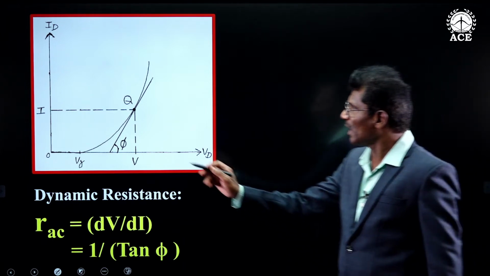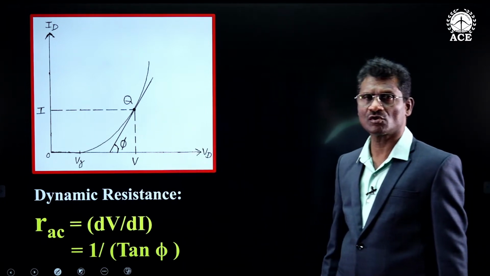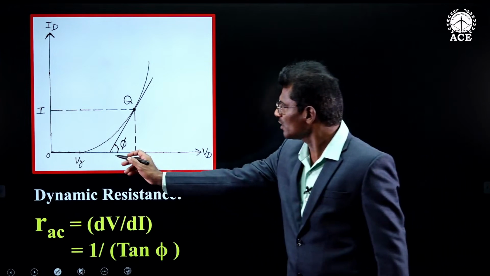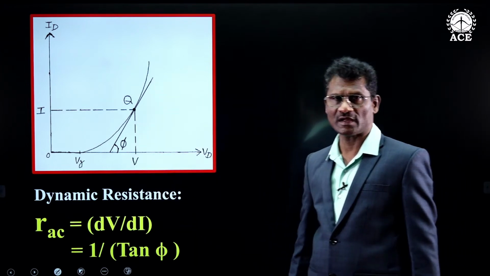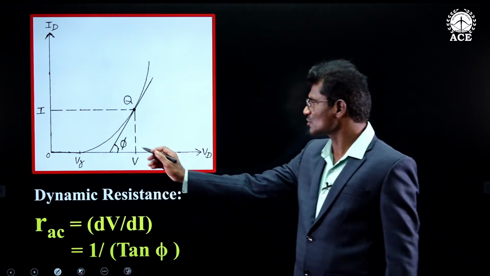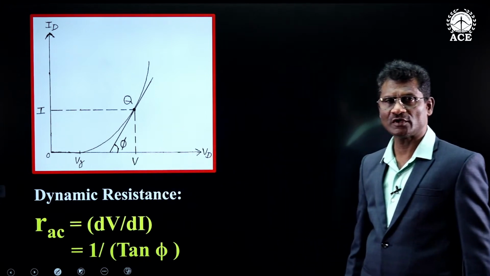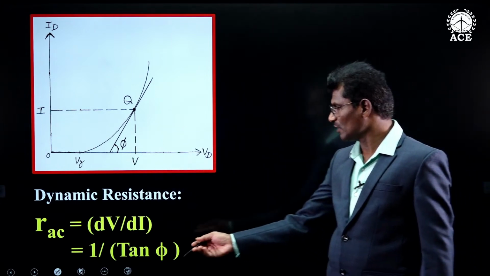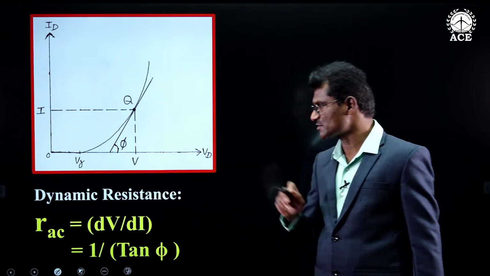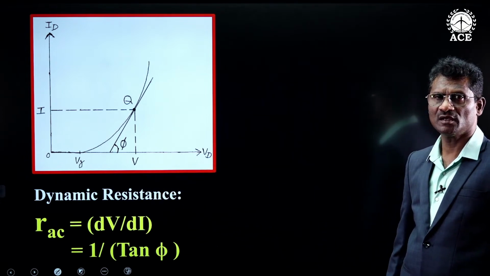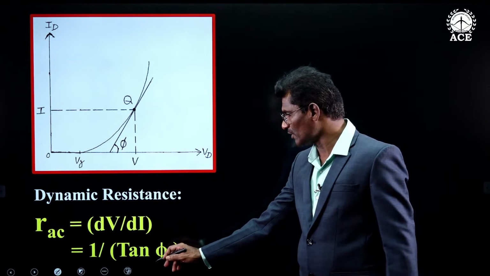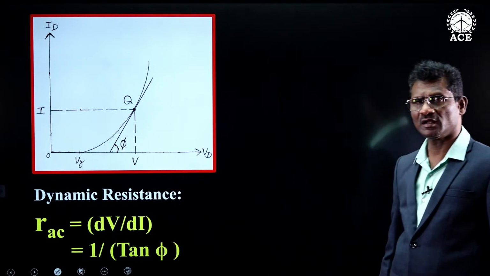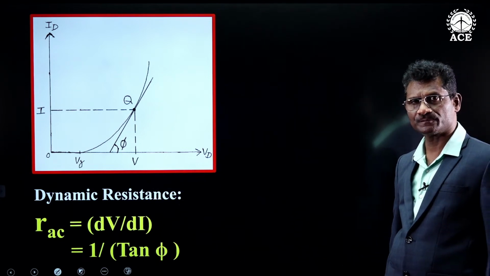That is, at the operating point, draw a tangent to the characteristics. Find out the slope, tan phi. Then the inverse of the slope is defined as RAC, dV by dI. So 1 over tan phi is dV by dI, or RAC.